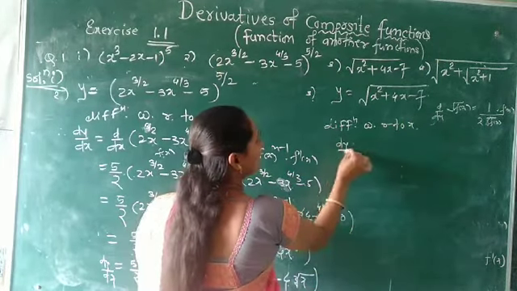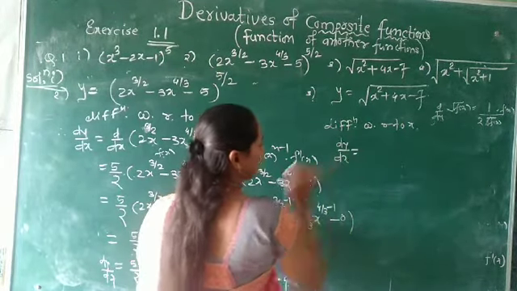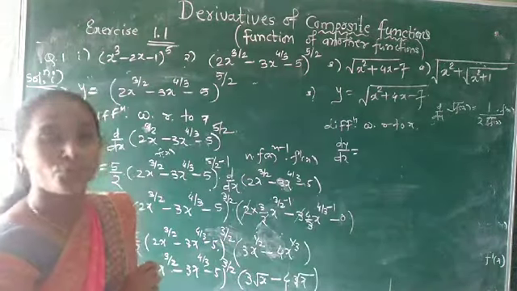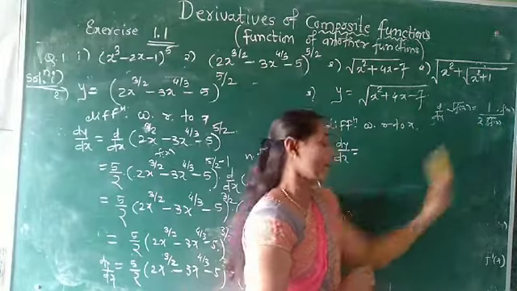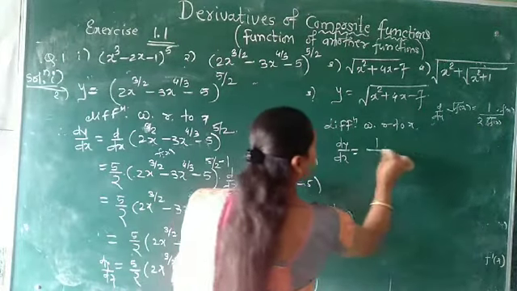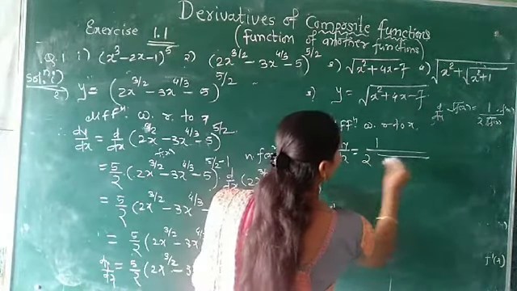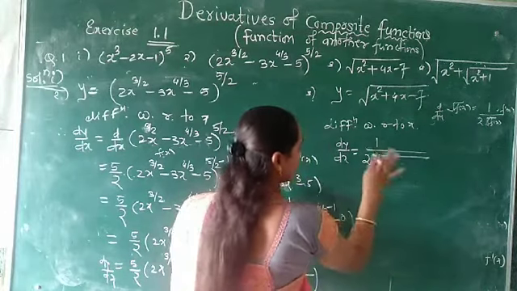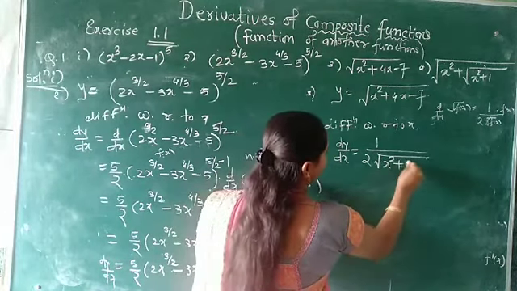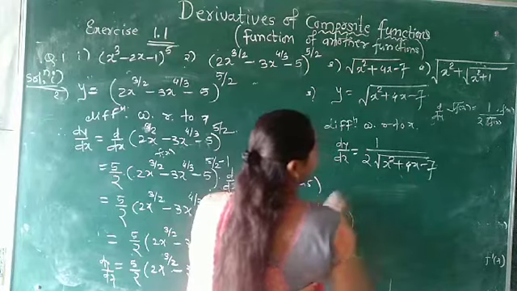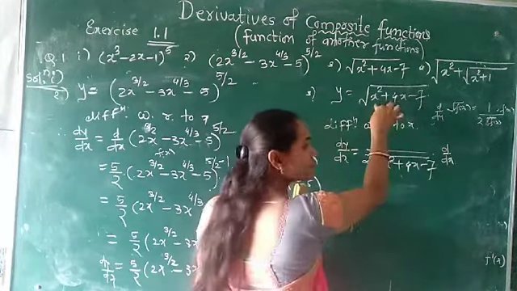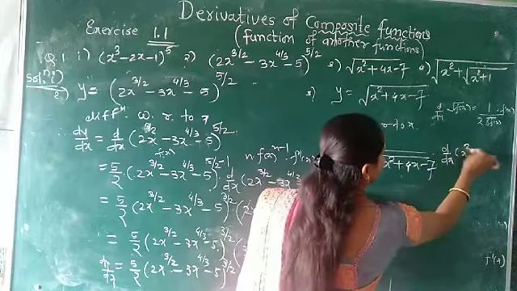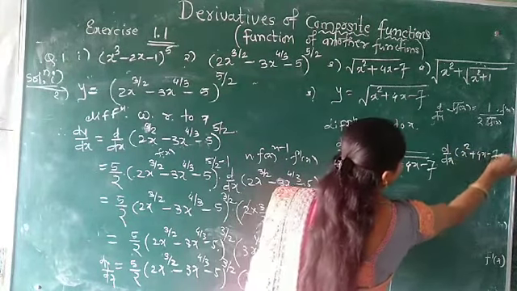So what is the derivative of y, dy upon dx? Now the derivative of root f of x is 1 upon 2 root f of x. So write here 1 upon 2 root f of x, with this function as it is, x square plus 4x minus 7, times the derivative of the function.